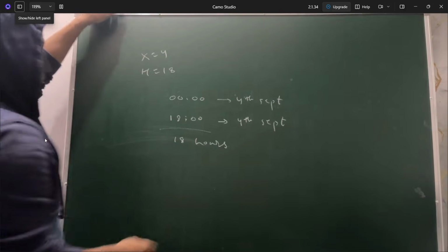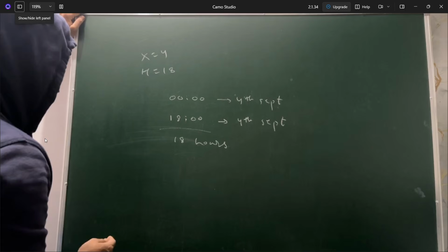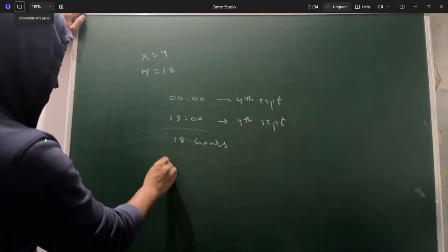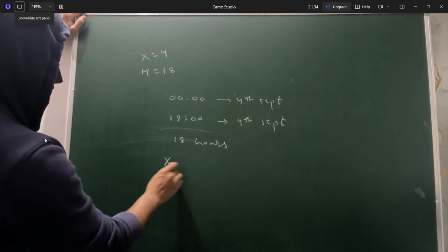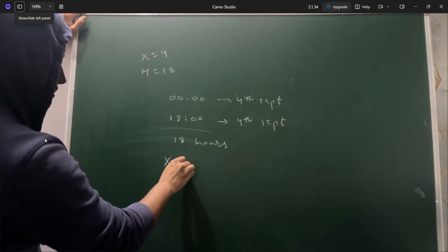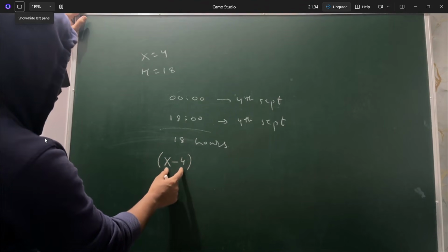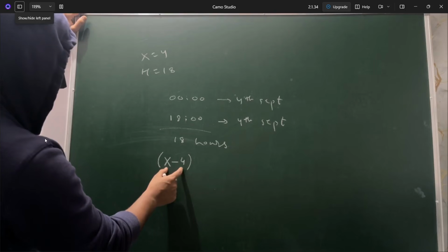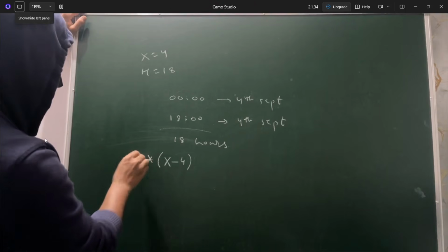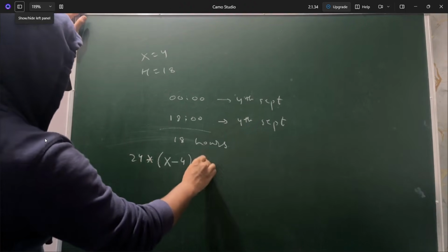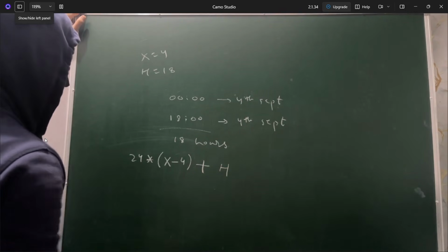So how do we solve this? Mathematically, we take x, the date till which he was playing, minus 4. Why 4? Because it was launched on 4, and this gives us how many days he's played. In a day he plays 24 hours, because in a day there are 24 hours, plus we put h, the remaining hours that he's playing.